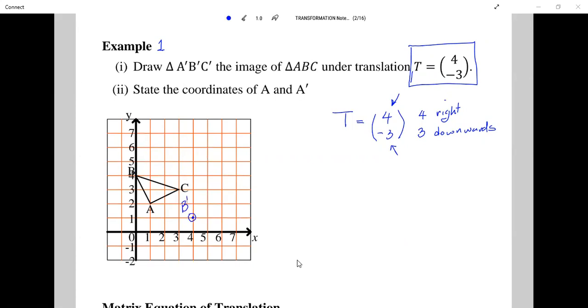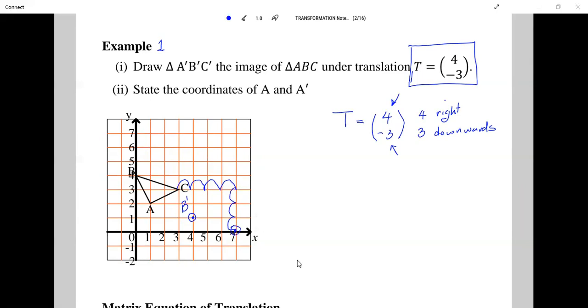Now let's move C. We're going to move all of them the same way, 4 units to the right and 3 units down. 1, 2, 3, 4 units to the right. 1, 2, 3 units down. The new position for C is going to be (7, 0).